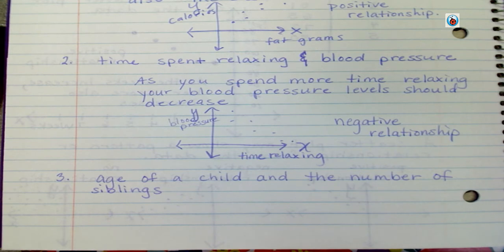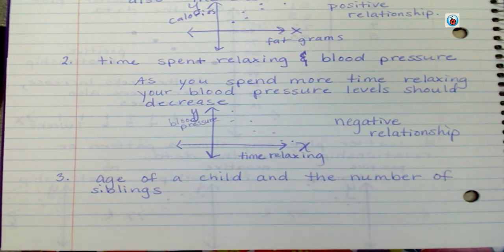So as the age of a child goes up, as a child gets older, does that affect the number of siblings that the child has? No. If a child is 5 years old, yeah, they could have 1 or 2 or 3 or 4 siblings. If a child is 50 years old, they could still have 1 or 2 or 3 or 4 siblings. Or they could have none.